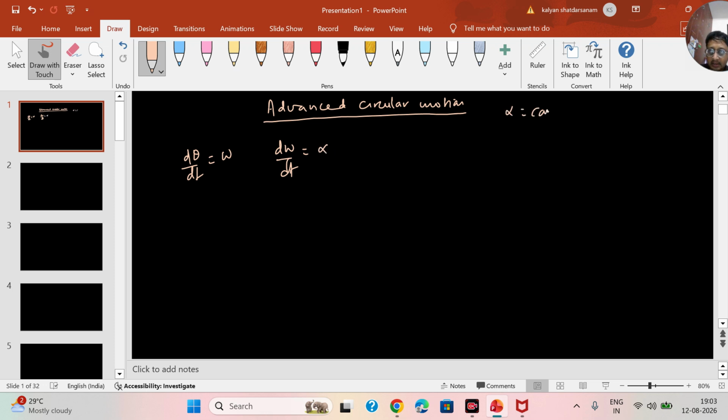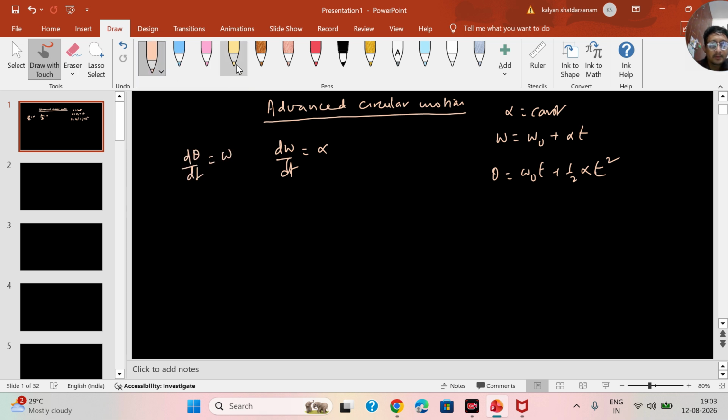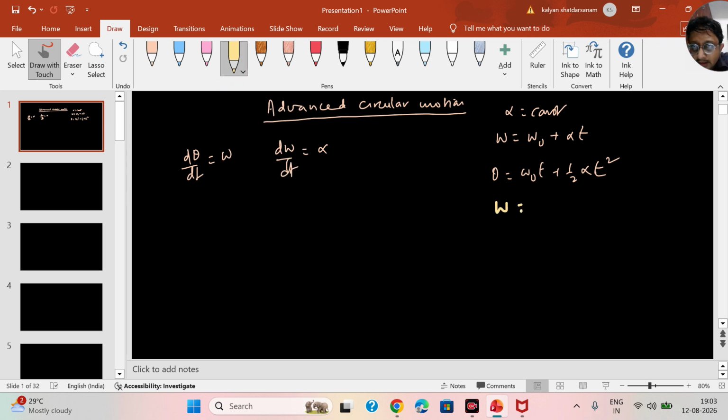If alpha is constant, we can write similar equations, like omega is omega naught plus alpha t, just like our kinematics. Theta is omega naught t plus half alpha t square. Or theta is (omega plus omega naught) by 2 into t.